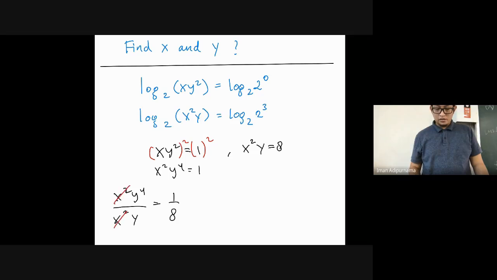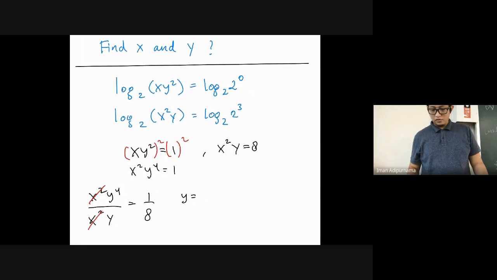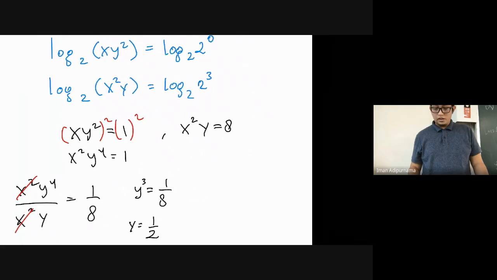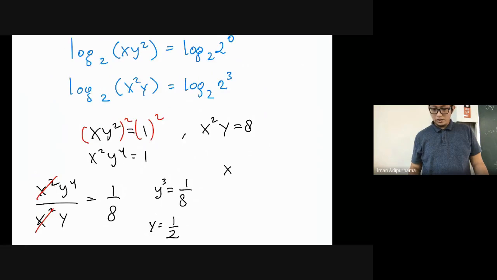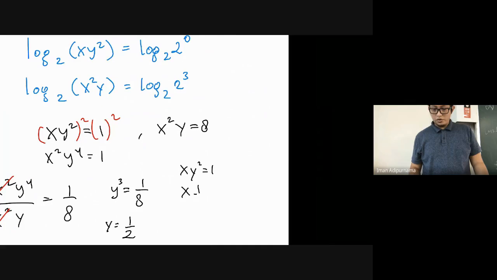I can cancel this x, and I get y to the third power is 1 over 8. So y is half. And x y squared is 1, so change y squared to 1/4. So x is 4.